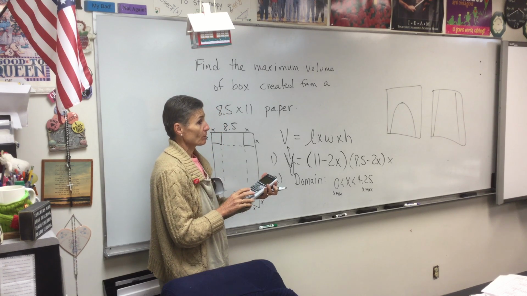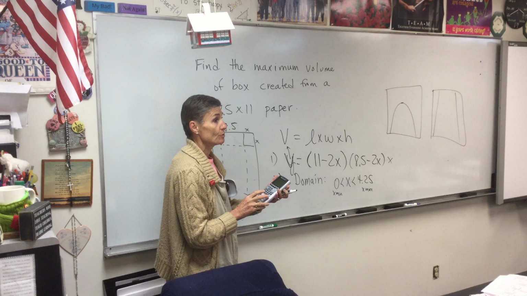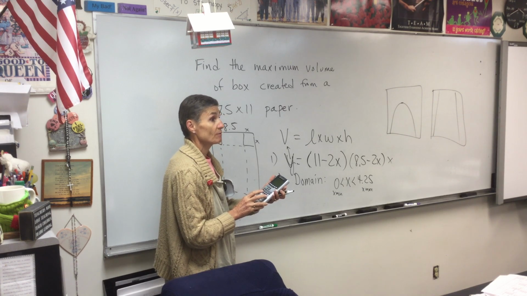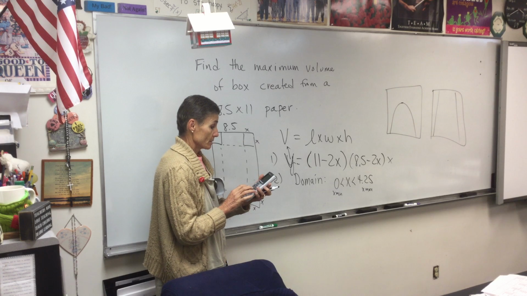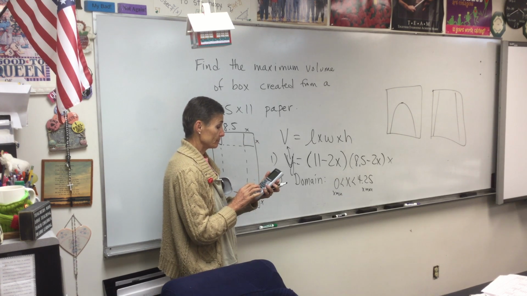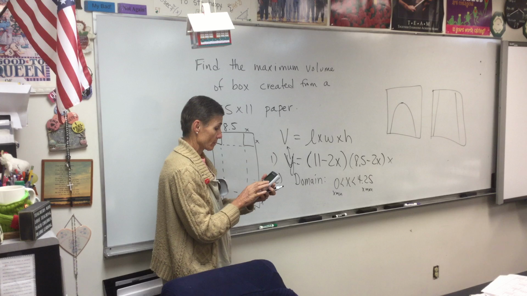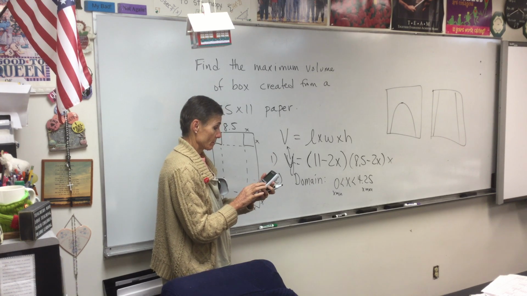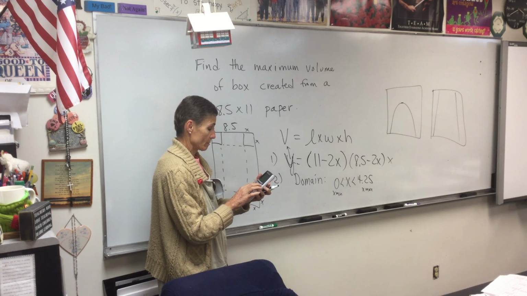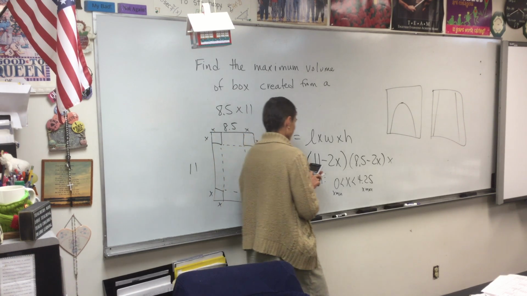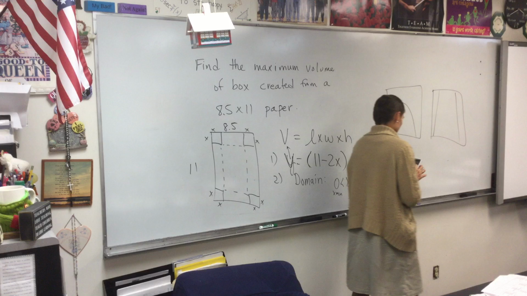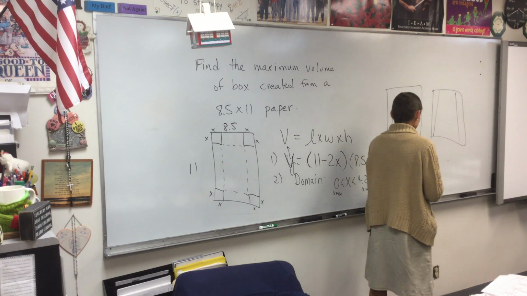Well, you're in parametric mode, so you need to change it back to function mode. Go to mode. Okay. Change it back. Alright, then we get a second calc and we find the maximum.